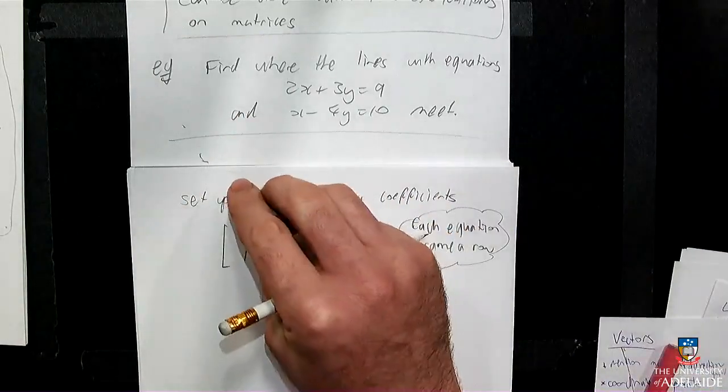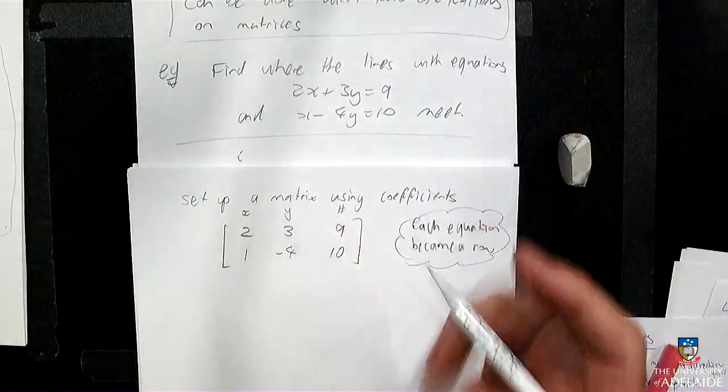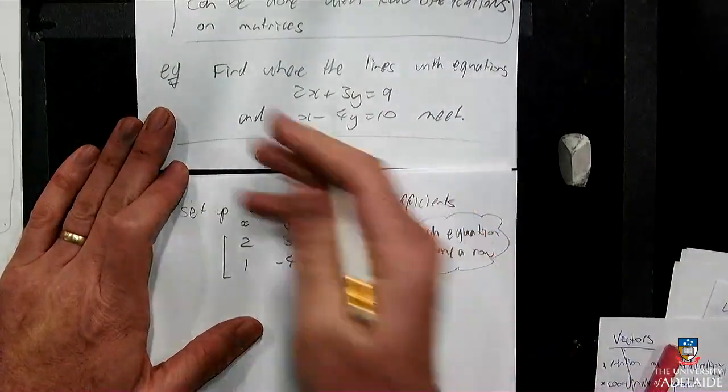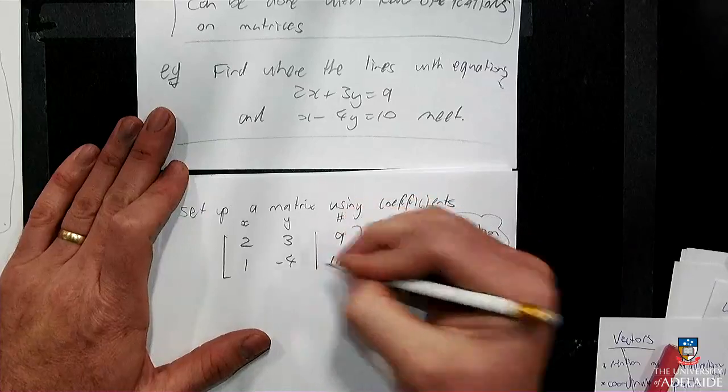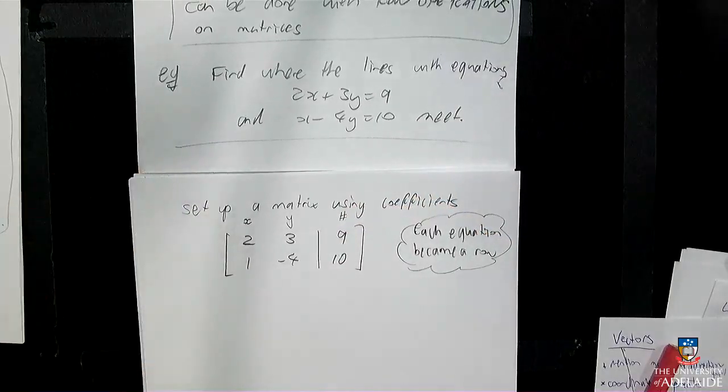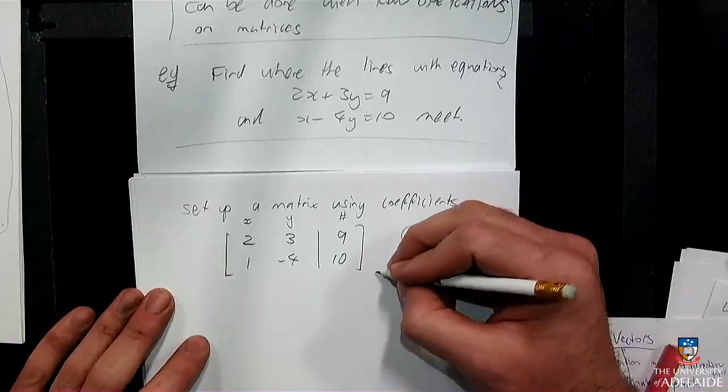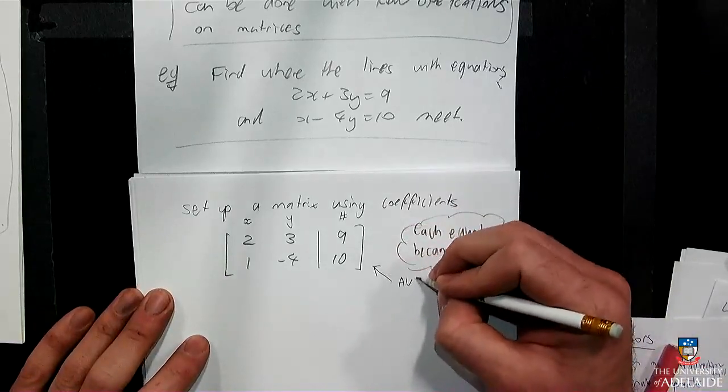Now, I will say something. It is tradition to put a bar here to keep track of which bit is the coefficients and which bit is the answers. It's not necessary, but it's traditional, so if someone's watching you do this, they're going to be a little bit confused if you don't. And I should say that this matrix is called an augmented matrix.